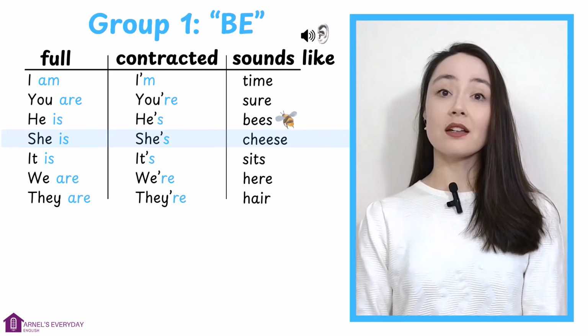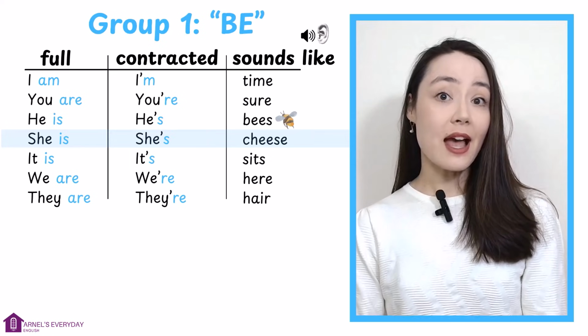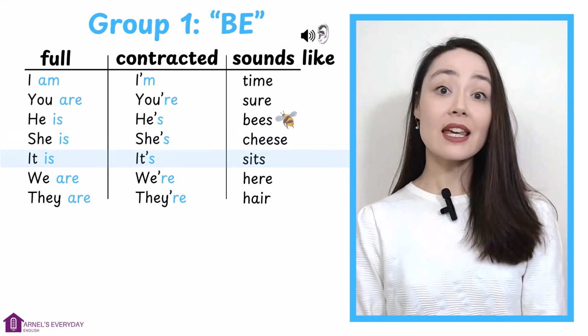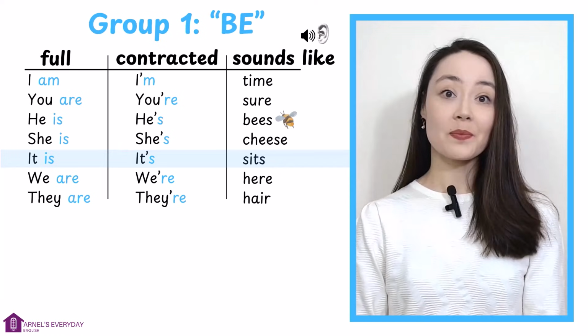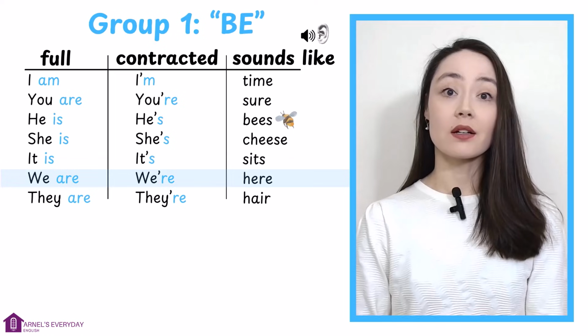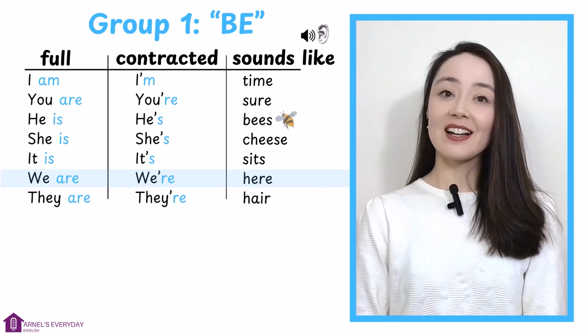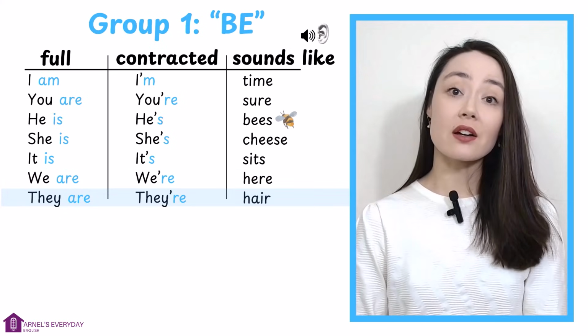She is, she's. Sounds like cheese. It is, it's. Sounds like sits. We are, we're. Sounds like here. They are, they're.